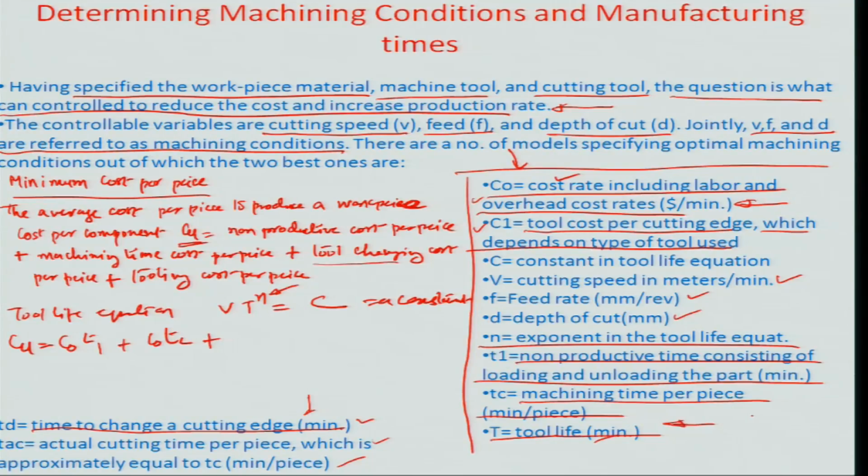So let us say if capital T were the tool life and TAC is the actual cutting time per piece, the number of times the tool needs to be replaced in a particular actual cutting time per piece is TAC by capital T replacements, so this is the frequency of replacement.